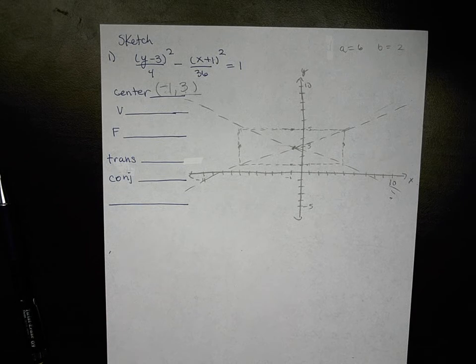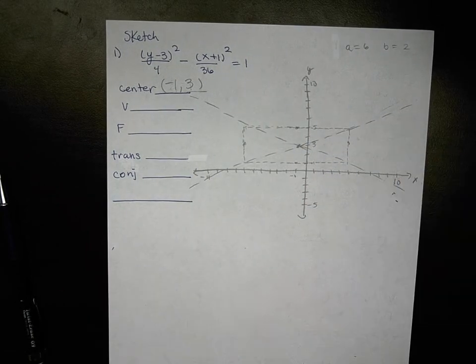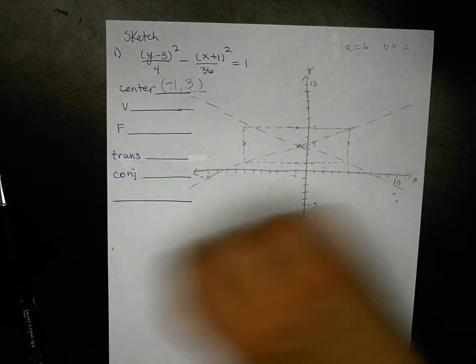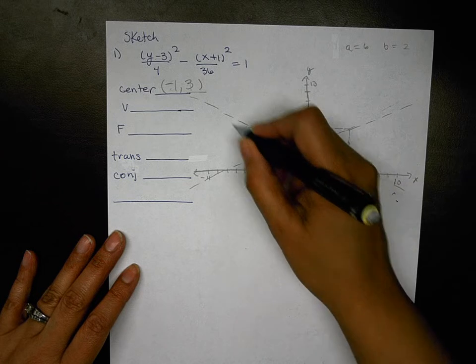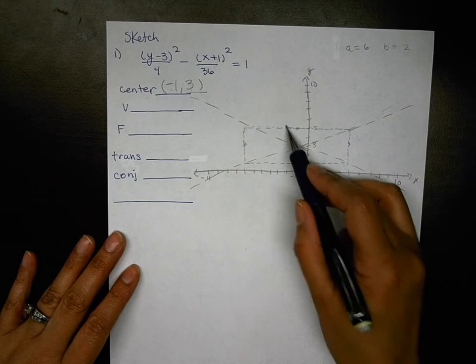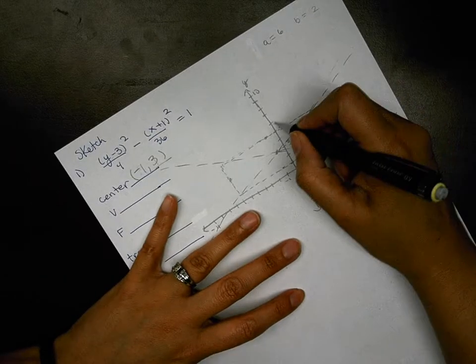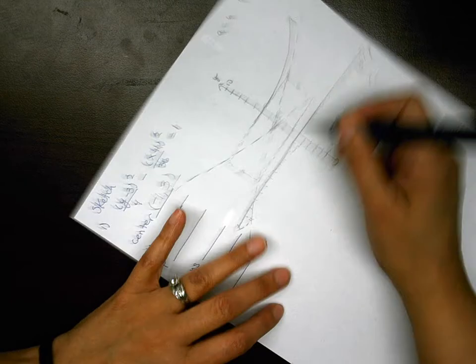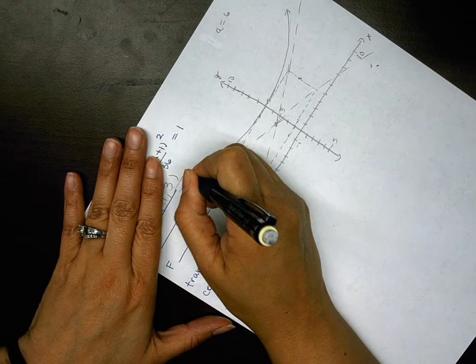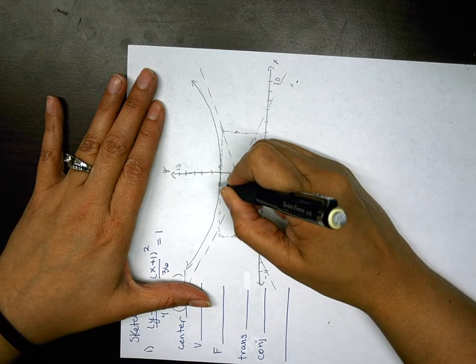So do you guys see how the asymptotes help guide us on how wide or narrow? If my hyperbola was opening right and left, it would be more narrow, versus up and down is going to be more wide. Do you see that? Because my hyperbola goes towards the asymptote, it's going to be pretty wide. If it was opening, I use those points that I went up and down.